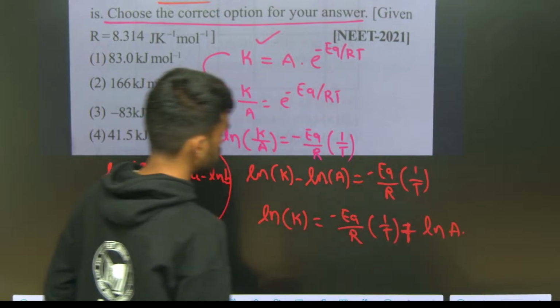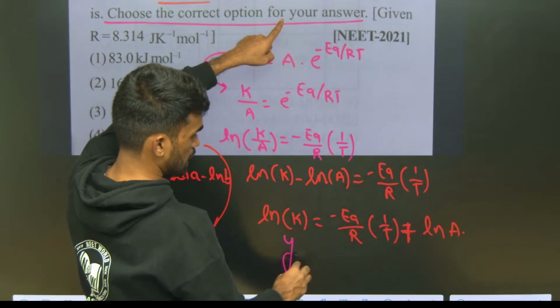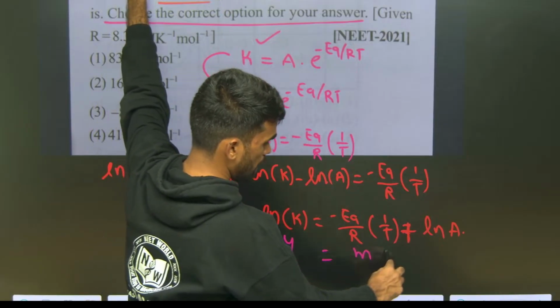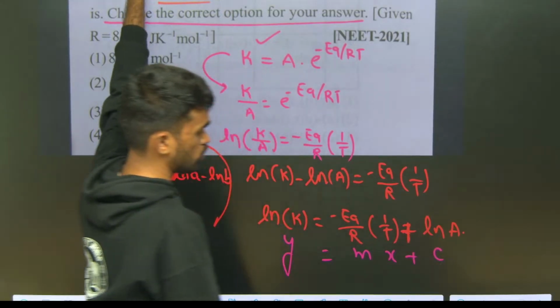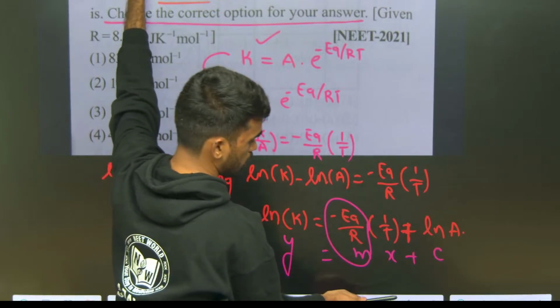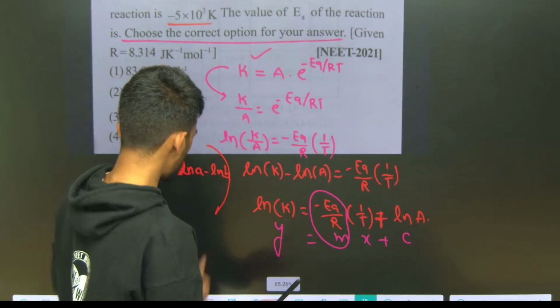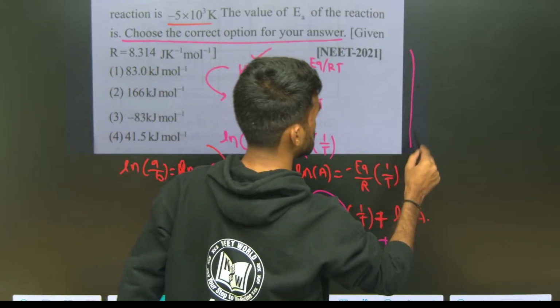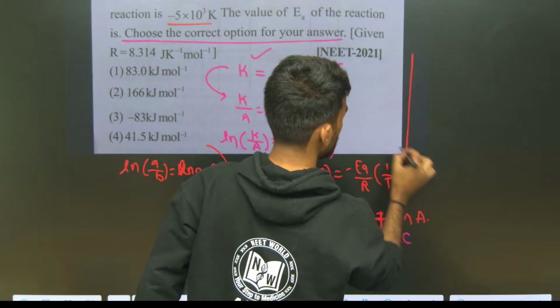If you observe this ln K versus 1 by T, you are going to get a y equals mx plus c type of graph, and the slope is negative, minus EA by R. So the slope should be negative and the intercept should be positive. We discussed this kind of thing yesterday.